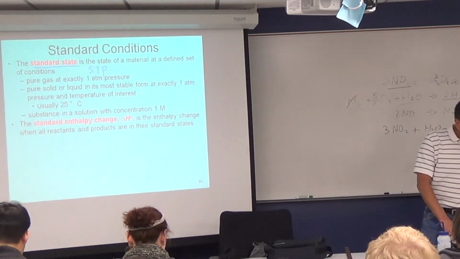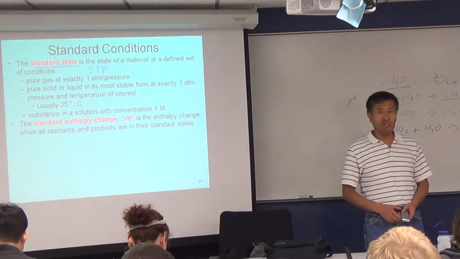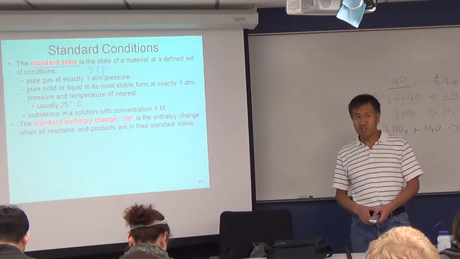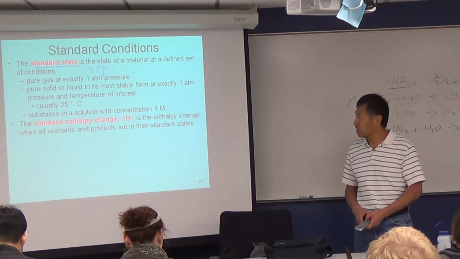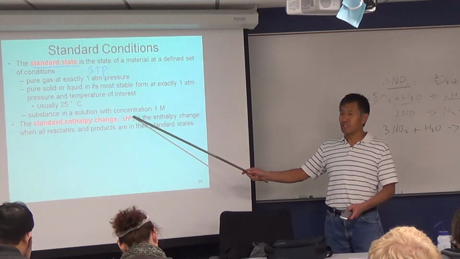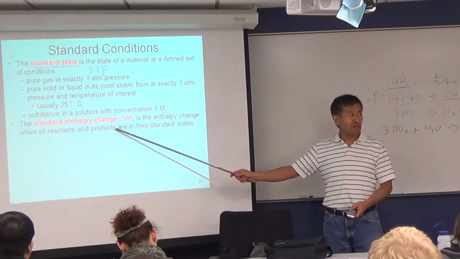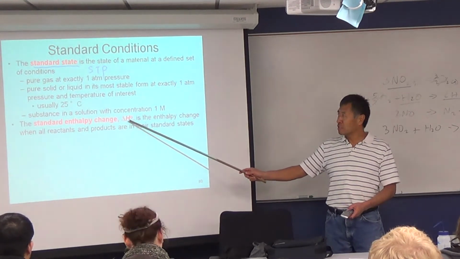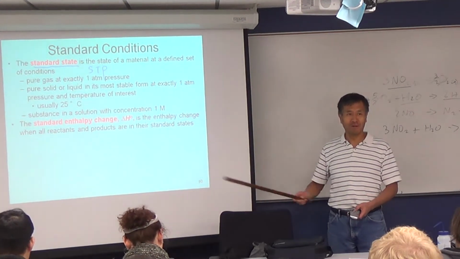Alright. So once you specify those conditions, your chemical reaction still has the delta H. Understand? And then your delta H will have this new notation. We call it delta H naught. And that 0 means nothing.